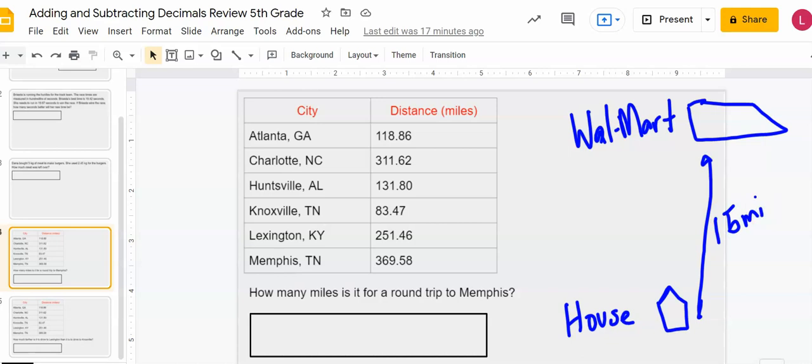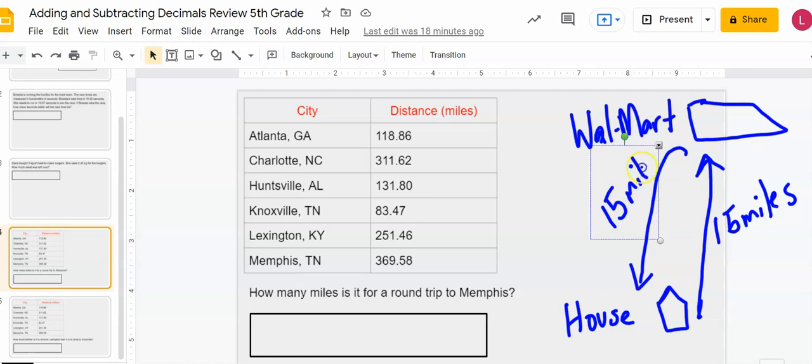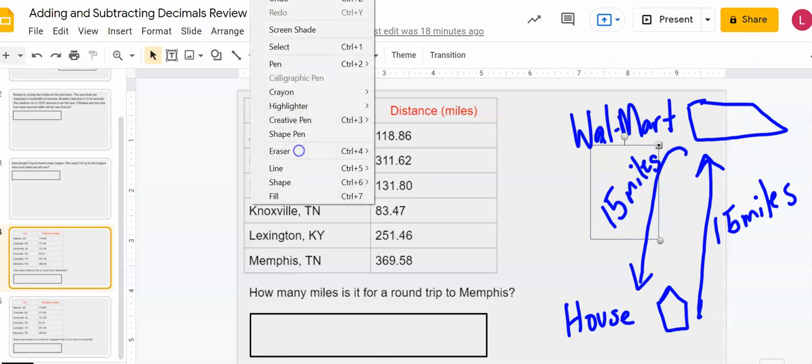So I'm driving in my car, and it takes 15 miles to get there. But then I have to come back, so that means round trip. So 15 miles one way, and then I have to go back. So I'm going 15 miles there, and then 15 miles back. So what is that round trip? That's right, that's 30 miles. I have to go 15 miles there and 15 miles back. So I want you to be thinking about that as you solve that next problem.